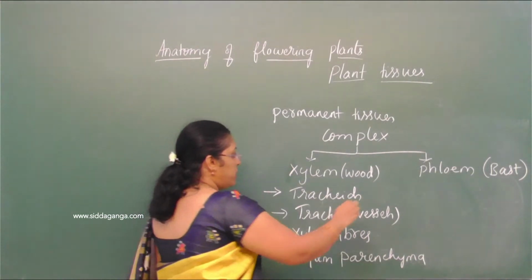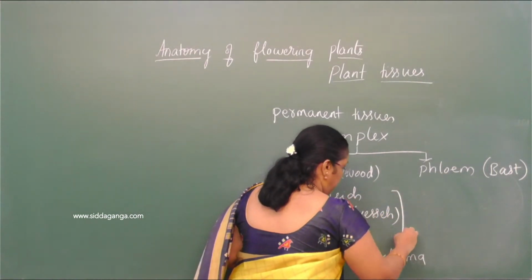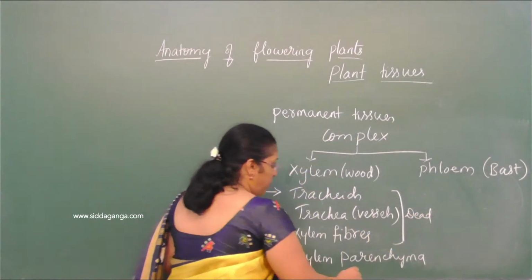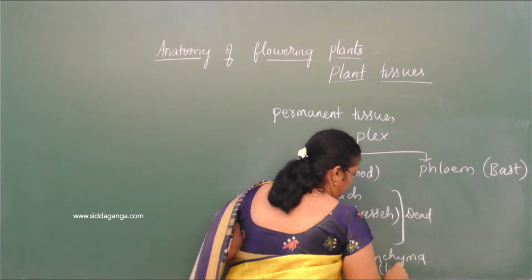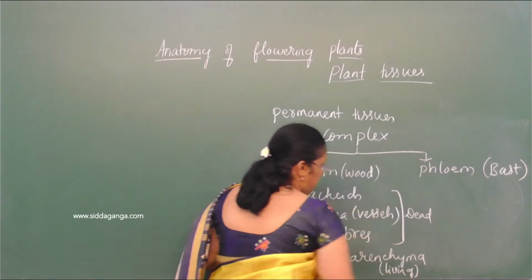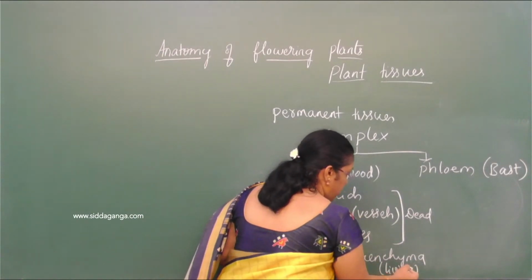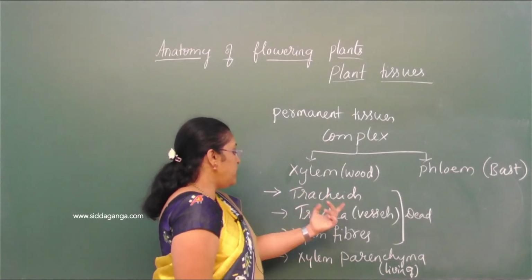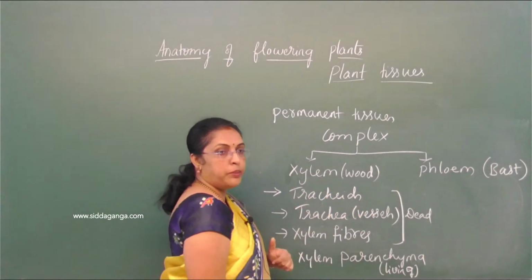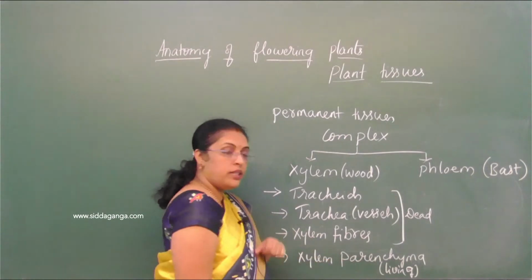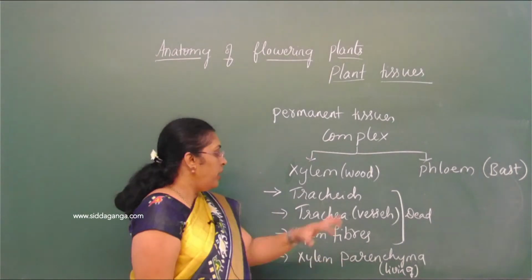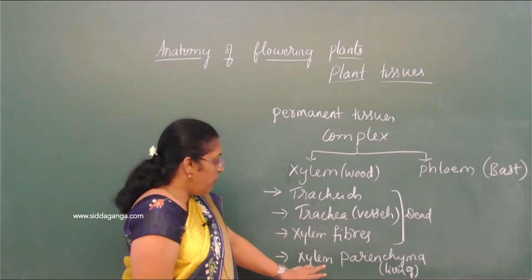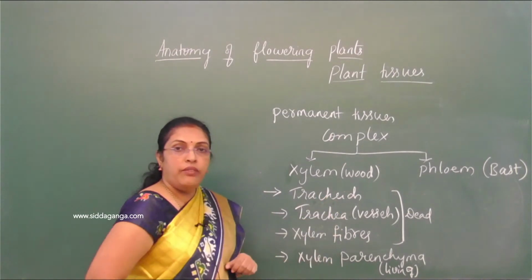Among these four, the first three are dead tissues, whereas xylem parenchyma is living tissue. So xylem is made up of four dissimilar cells: tracheids, trachea or vessels, xylem fibers, and xylem parenchyma. The first three are dead tissues, whereas xylem parenchyma is living tissue.